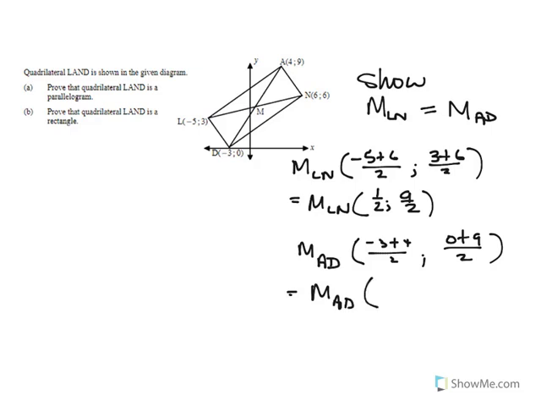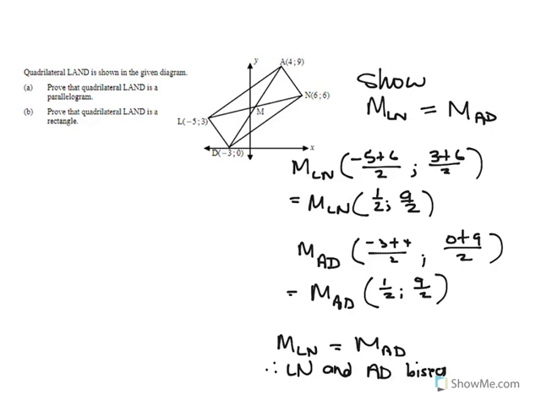And that would be 1/2 and 9 over 2. And because the midpoint of LN is the same as the midpoint of AD, that means that LN and AD bisect each other, and so LAND is a parallelogram.